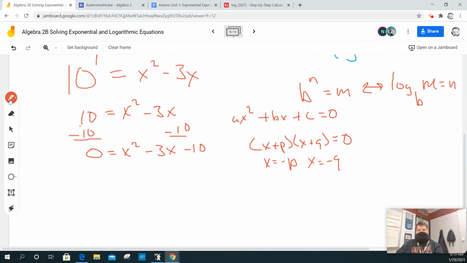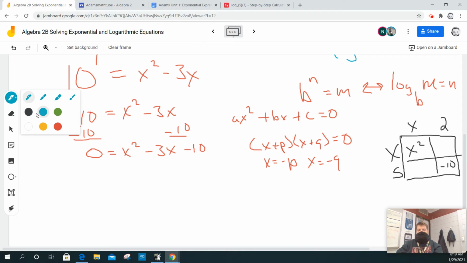So to factor that, we're going to use the guess and check method. I'm just going to take the first term and the last term. The first term is x squared. The last term is negative 10. x times x is x squared. Now to get negative 10, I'm going to do 2 times 5. But remember, this middle term is the sum of this term and this term.